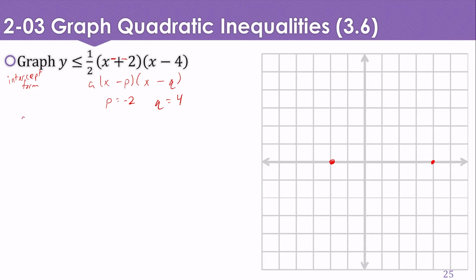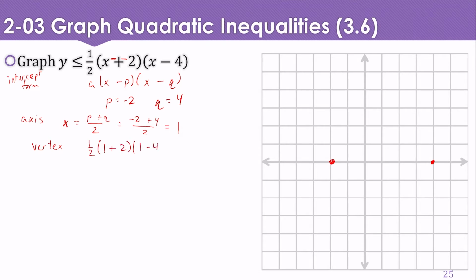Okay. The axis of symmetry was adding them together and dividing by 2 to get the average. So that is 2 over 2 is 1. Okay, so our vertex you get by plugging in that 1.